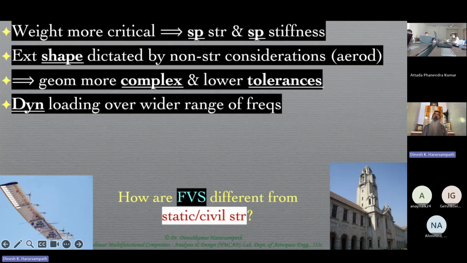Whereas in a passenger aircraft, or let's say a glider, which is not used much for acrobatics but just for a fun ride for tourists and things like that, in most of these situations you will see that the range of frequencies comes down compared to fighters or acrobatic aircraft, but still is much more compared to static structures like this in terms of the range of frequencies that we have to design for. Is this clear?